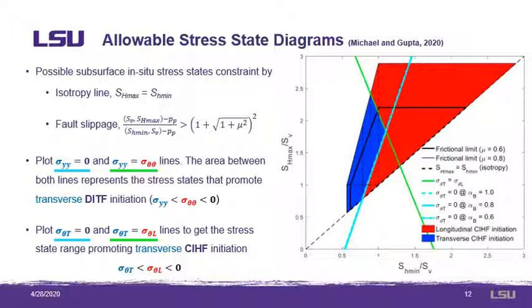aid transverse fracture initiation. We also see that the impact of the Biot's poroelastic coefficient, which impacts only the cyan line, is extremely minor. Nevertheless, the red region is still the overwhelming majority. This suggests that under most stress states, the fracture initiation taking place is longitudinal to the wellbore, and non-preferred perforation plane orientation, which is therefore unstable.